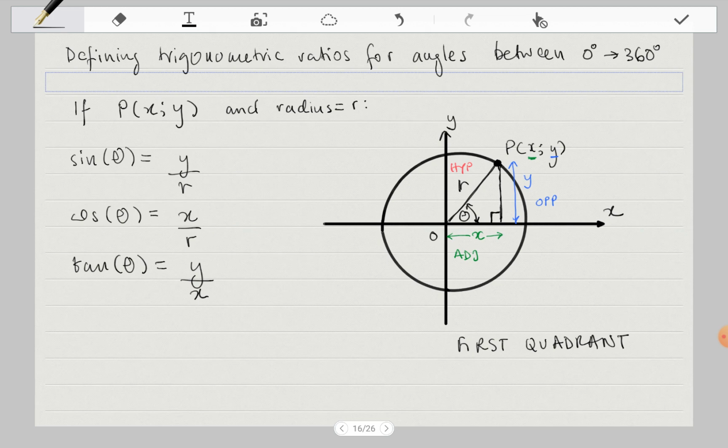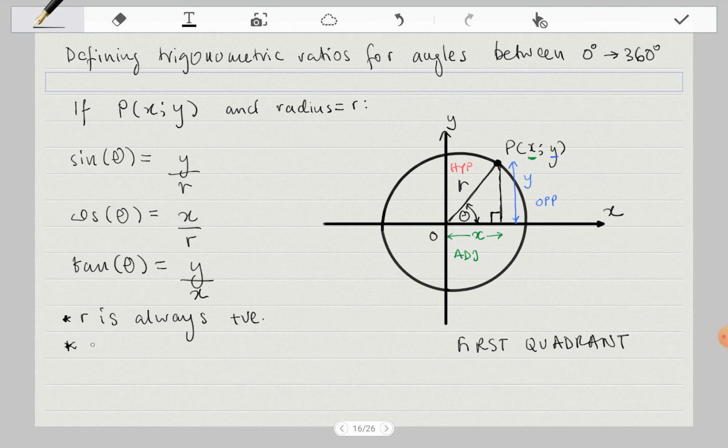Some things to note here: as I've said previously, r is always positive. We're also going to look at this point P in quadrants 2, 3, and 4, and the behavior of x and y.